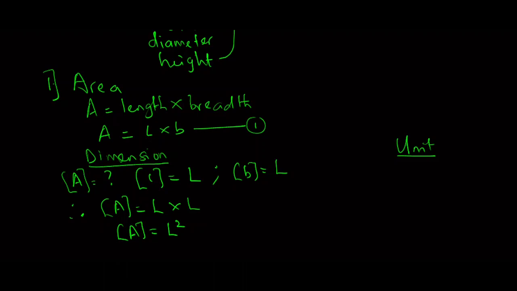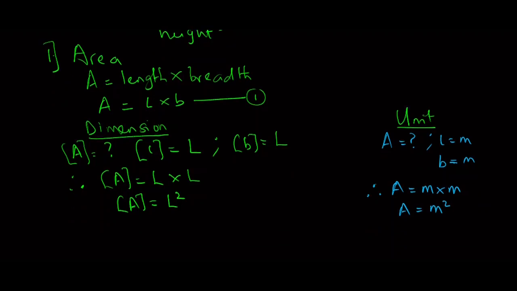Let's talk about the unit as well. We don't know the unit of area yet, but the unit of length is meter, and the unit for breadth is also meter. So we can say that area is equal to meter times meter, and that will give us meter square.